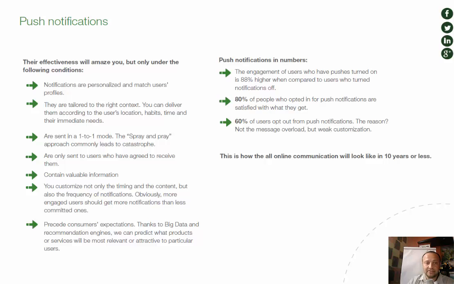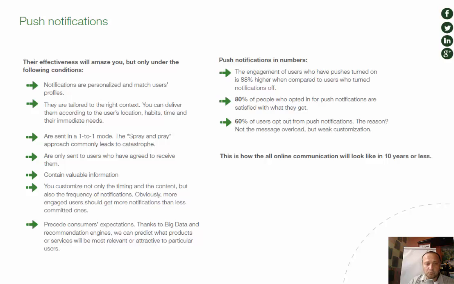You can deliver them according to the user's location, habits, time, and their immediate needs. Are sent in a one-to-one mode. The spray and pray approach commonly leads to catastrophe. Are only sent to users who have agreed to receive them. Contain available information. You customize not only the timing and the content, but also the frequency of notifications.